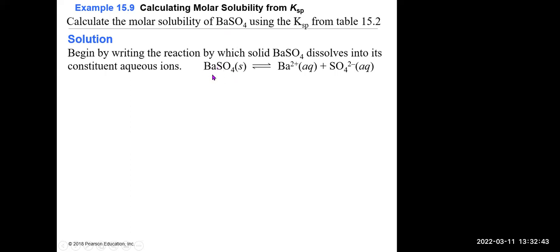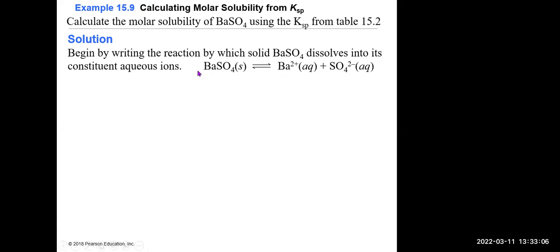If you start with BaSO4 solid, it will dissolve. If it dissolves, it will dissociate. So dissolve and dissociate are different concepts. Dissolve means it gets into the solvent, into water, then dissociate means it separates, for the ionic compound.